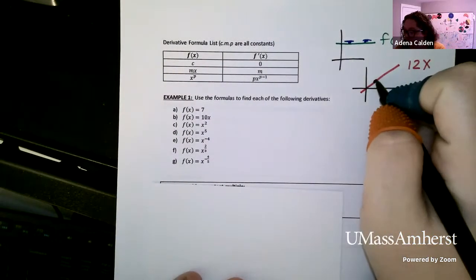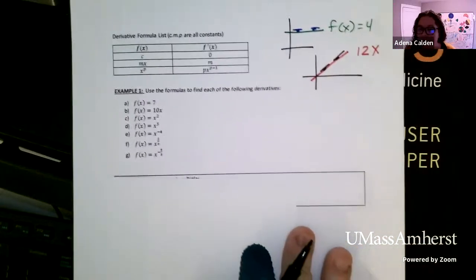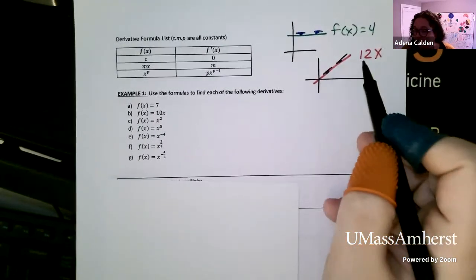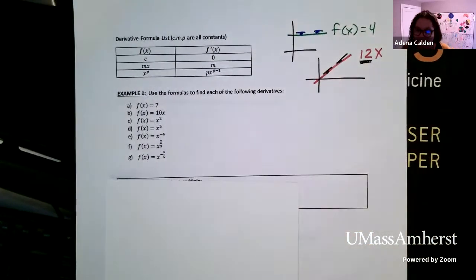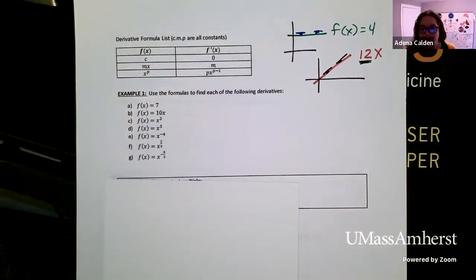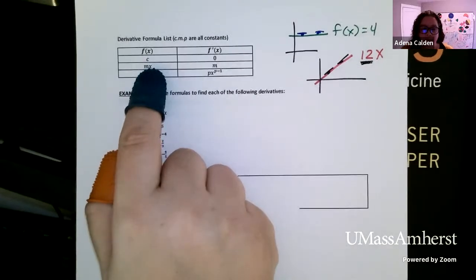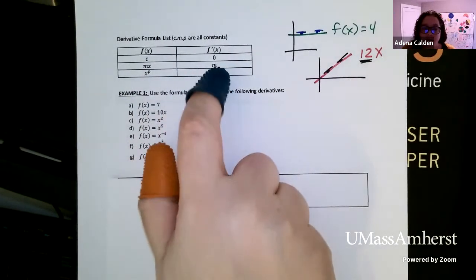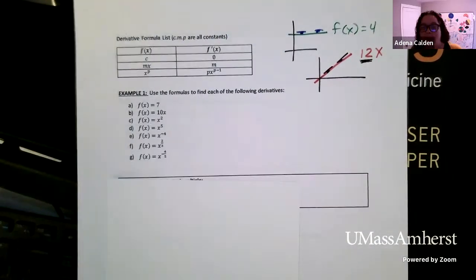If we were to draw tangent lines, they're going to have the same slope as the line. So all of these tangent lines are going to have a slope of 12. That gives us our second formula. It says if you have m times x, so the slope times a linear term, the derivative everywhere, or the rate of change, is just the slope of that line.